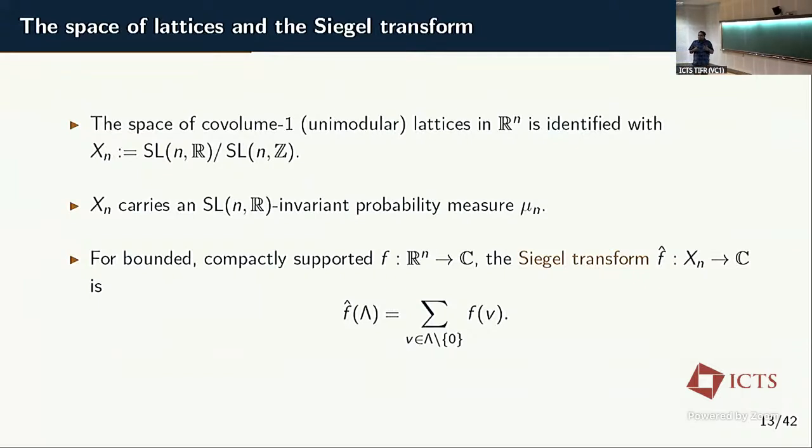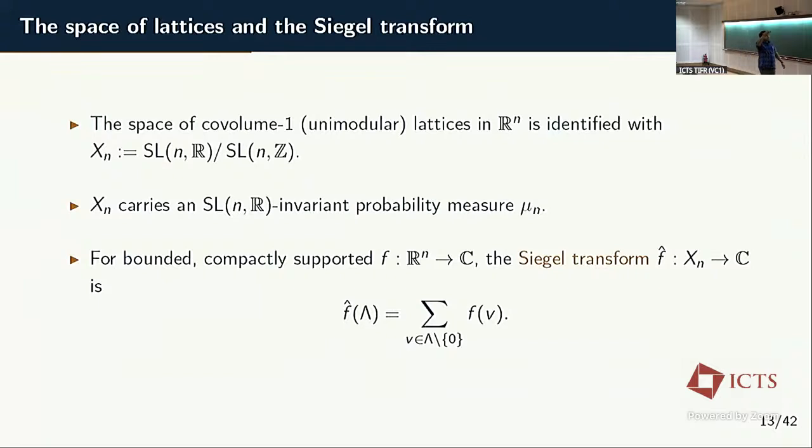It's a finite volume quotient, right? So you can normalize to get a probability measure on the quotient. In other words, the Haar measure on SL(n,R) descends to a probability measure on this, and we've all seen the fundamental domain in the modular surface.